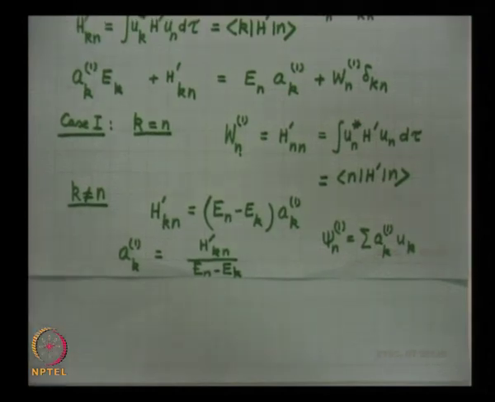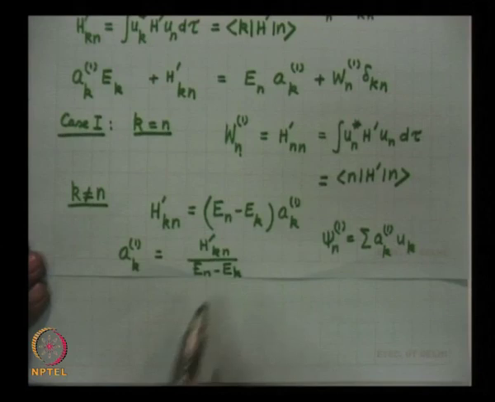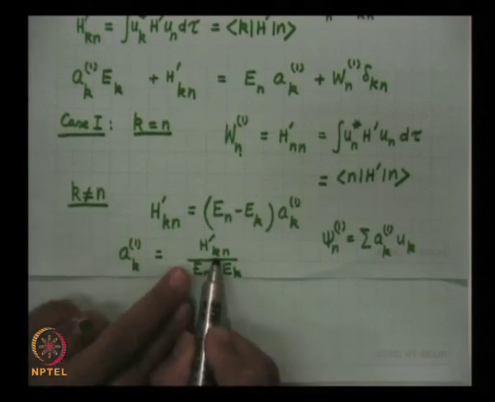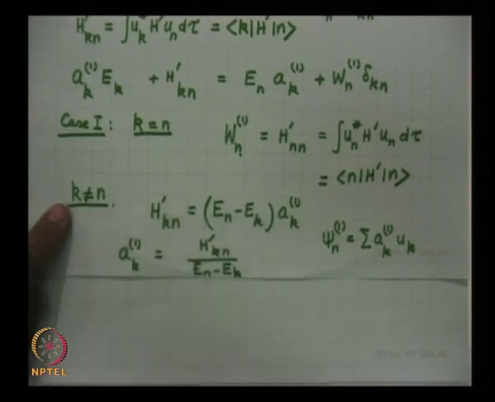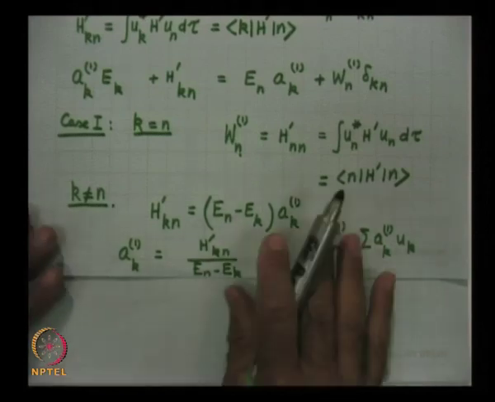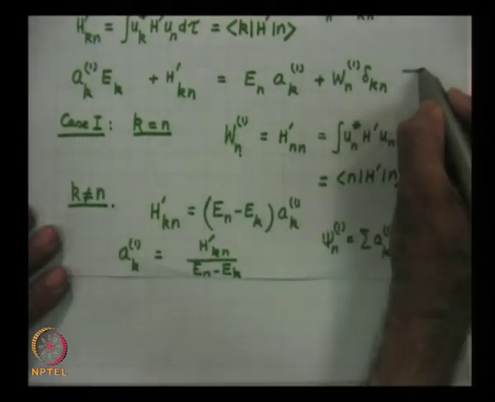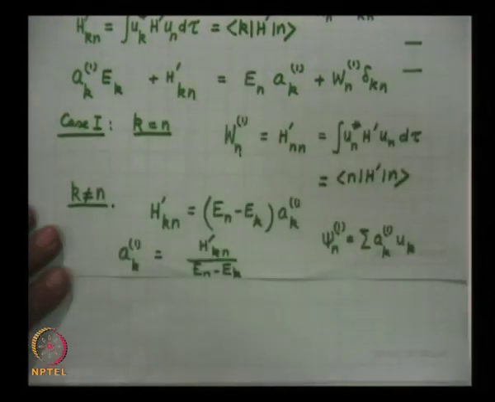But here, and this I will discuss in greater detail in my next lecture, one sees that if k is not equal to n, but E n is equal to E k, that is, if we have, let us suppose, a two-fold degenerate state, let us suppose this is the ground state, this is a two-fold degenerate state.